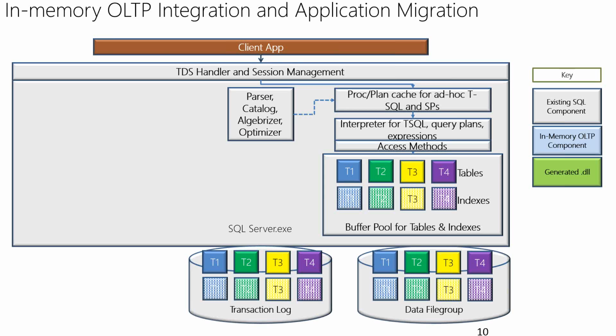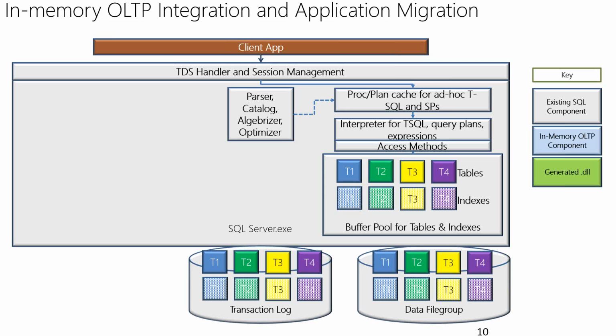From there, it gets parsed, goes through the catalog looking up to see if that plan has been cached, goes to the algebraizer, the optimizer, and then it goes through the plan cache for SQL statements, ad hoc, as well as stored procs. From there, it goes through the interpreter for T-SQL.